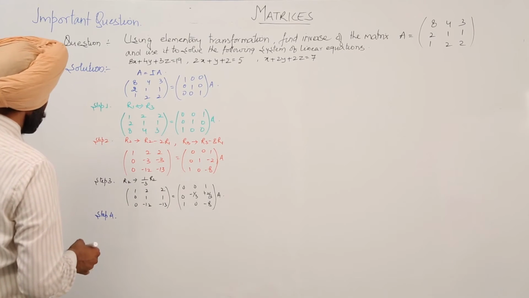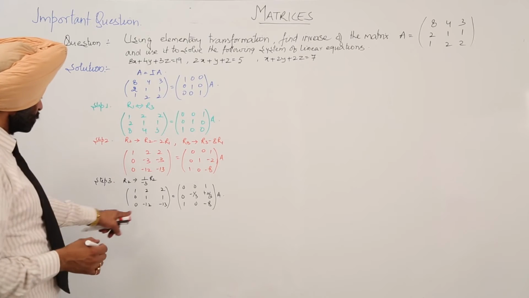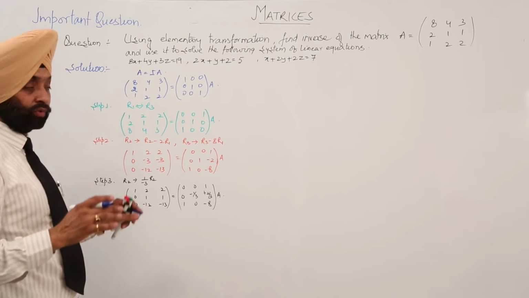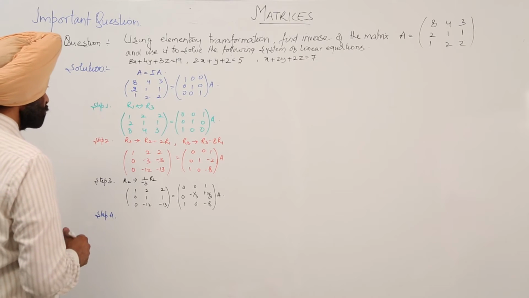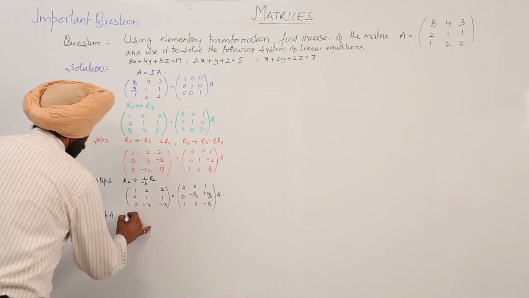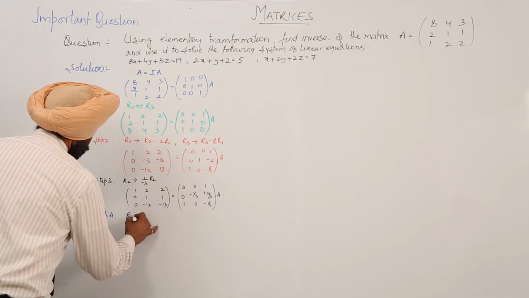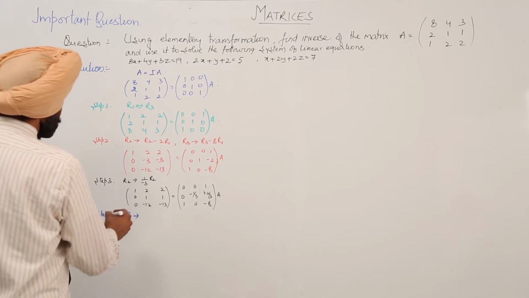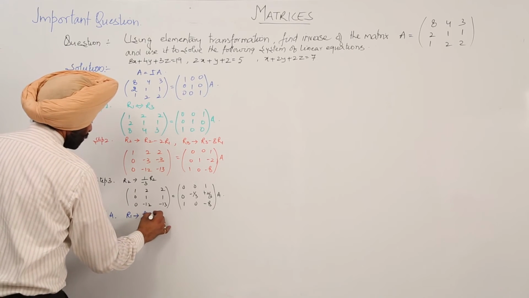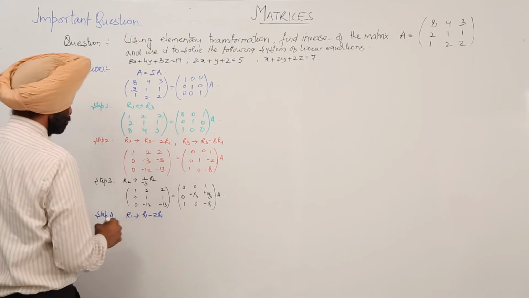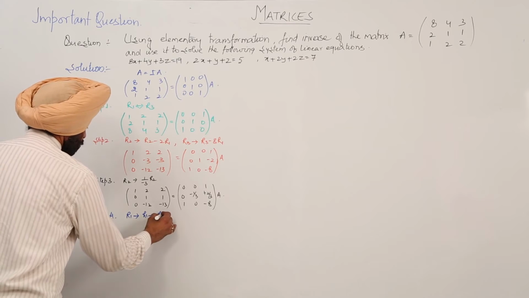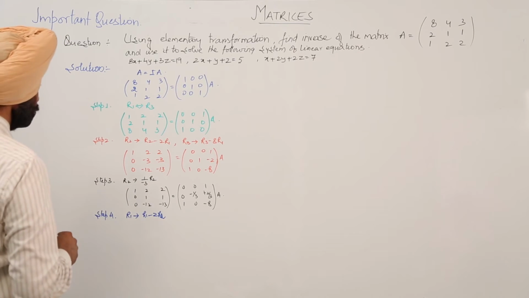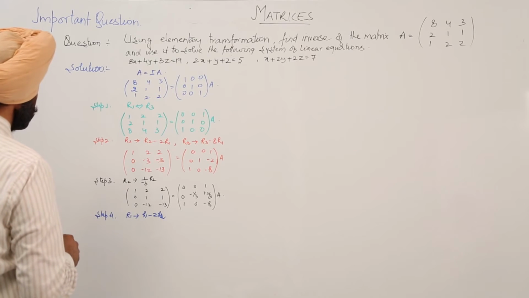Step 4, now we can change the minus 12 to 0 or whatever you wish, you can go for it. So step 4, we can go for R1 approaches to R1 minus 2 R2.